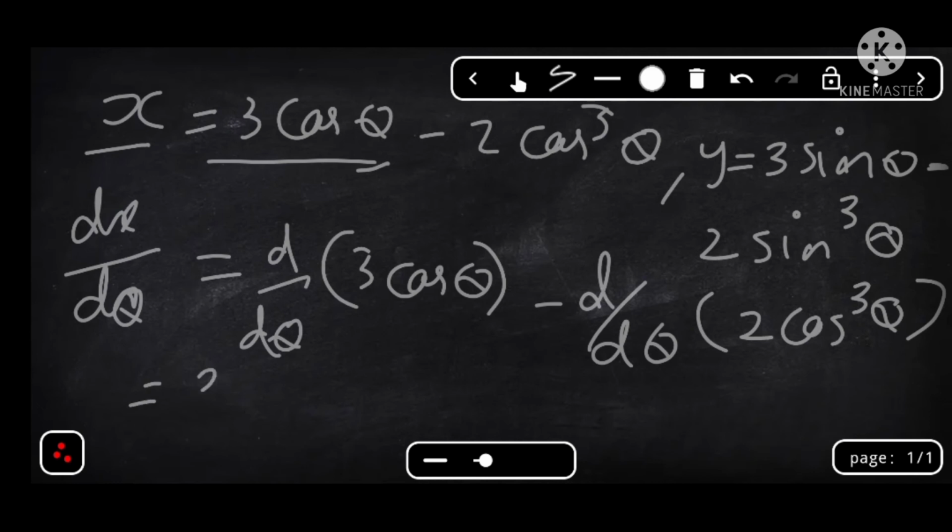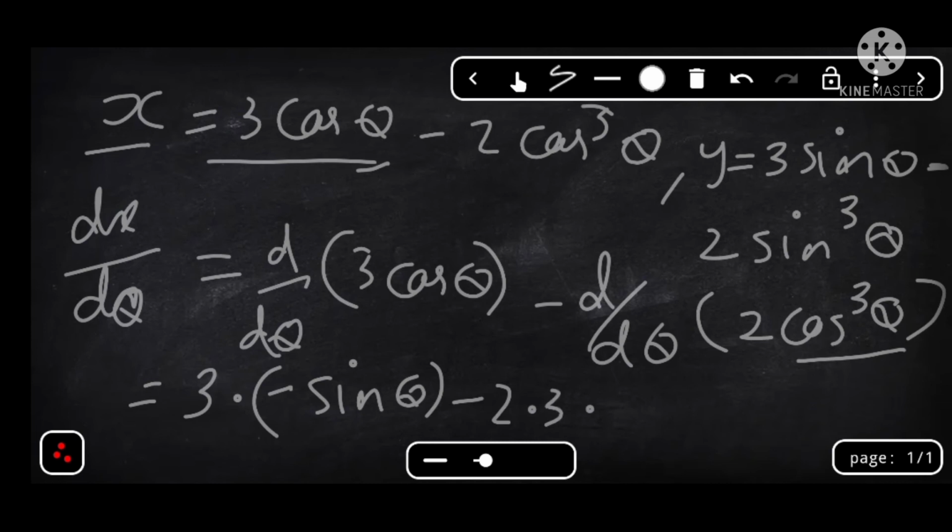That is 3 into, what is d by d theta of cos theta? Minus sin theta, minus 2 into, because 2 is constant, into d by d theta of cos cube theta will be 3 into cos square theta into d by d theta of cos theta. Clear?